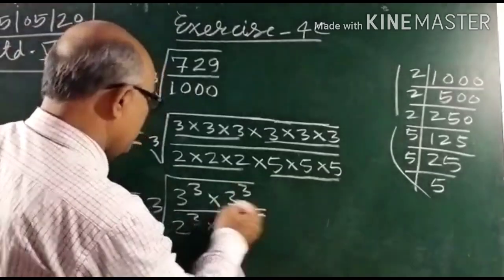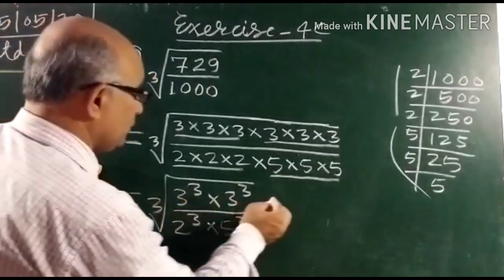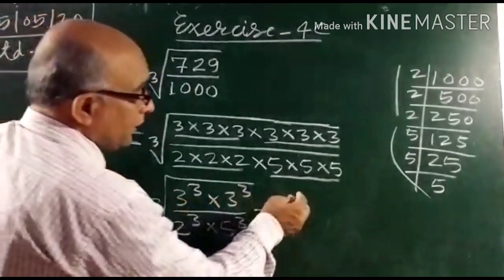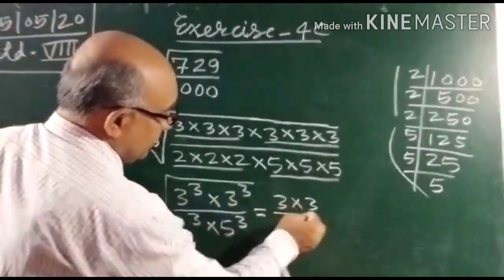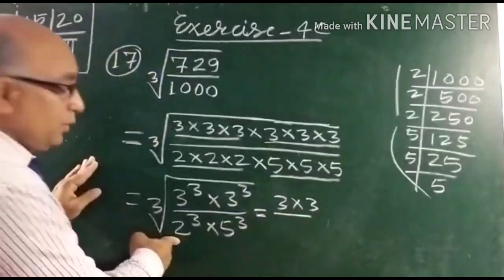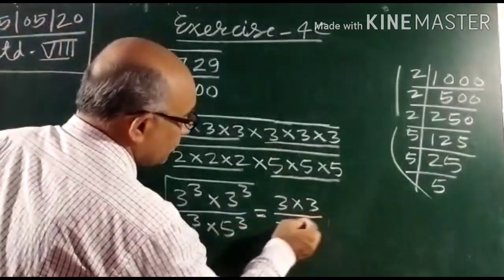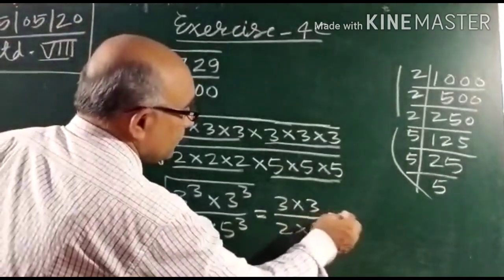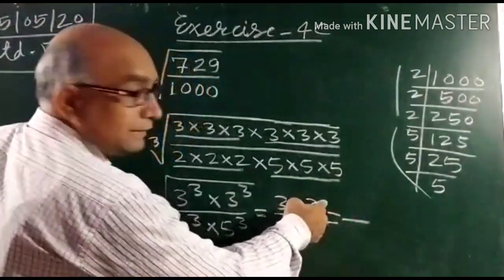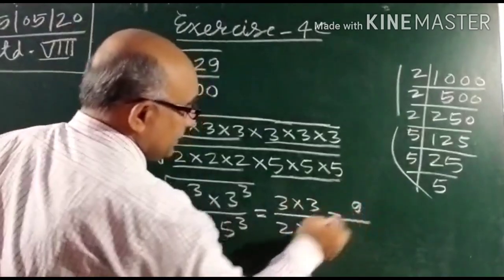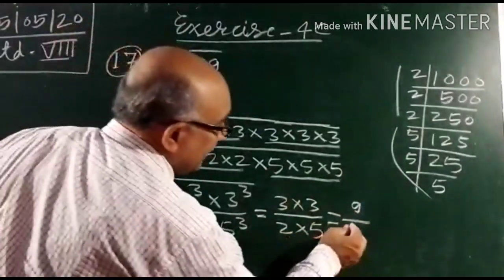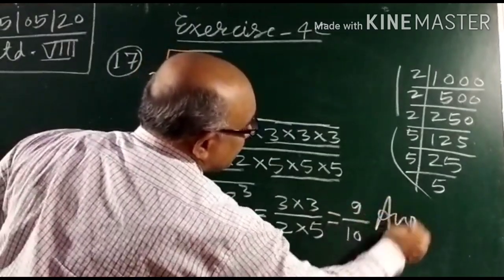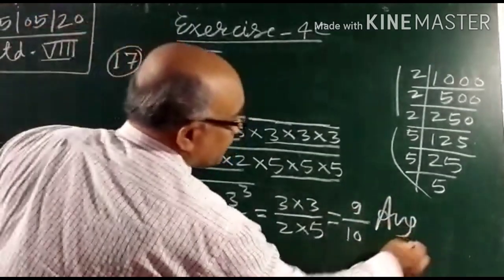Cube root of 3 cube is 3, cube root of 2 cube is 2, and cube root of 5 cube is 5. So 3 threes are 9 and 2 fives are 10. 9 by 10 is the answer of this question.